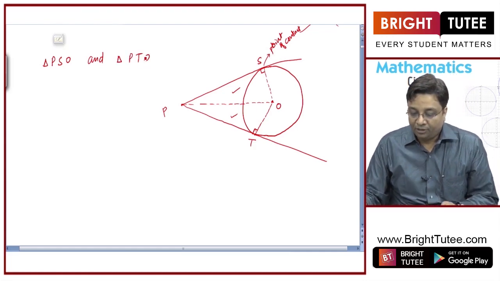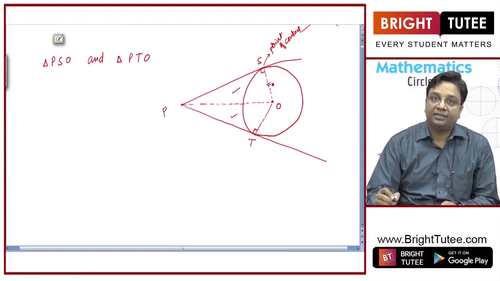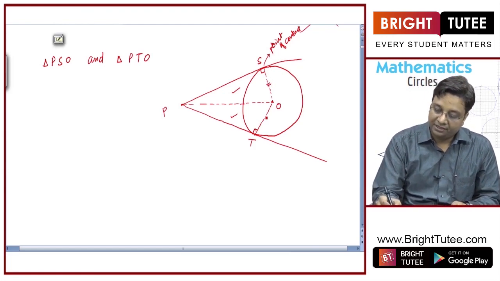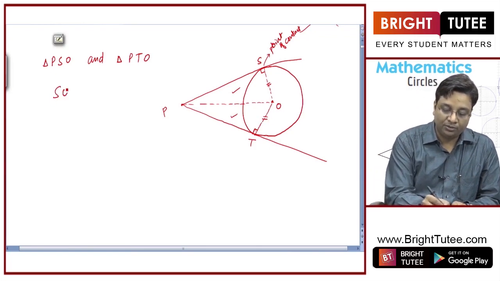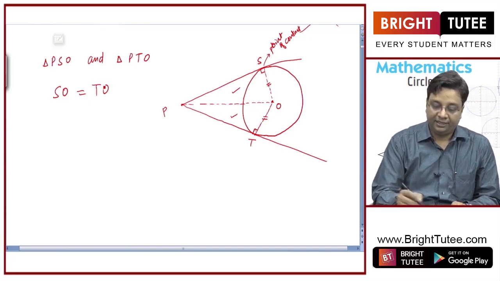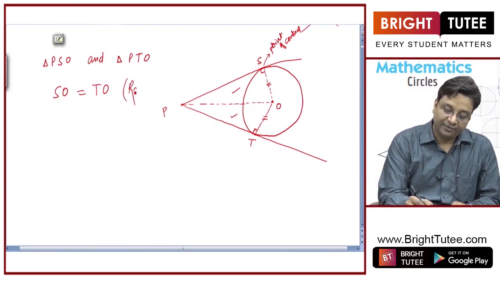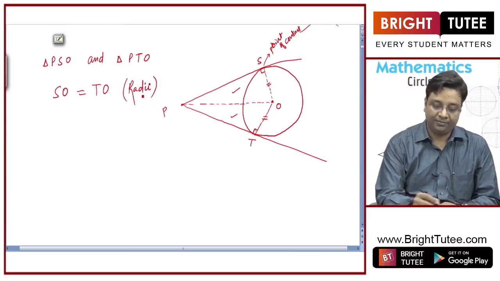What is this length SO? This is the radius of the circle, right? Similarly, OT is also a radius of this circle. So SO is equal to TO, because these are radii of the circle. Radii is the plural of radius.